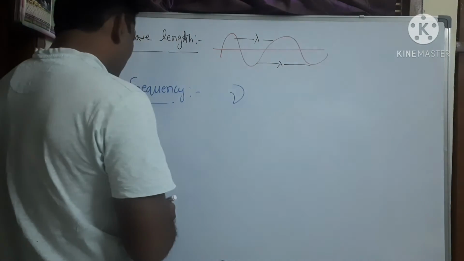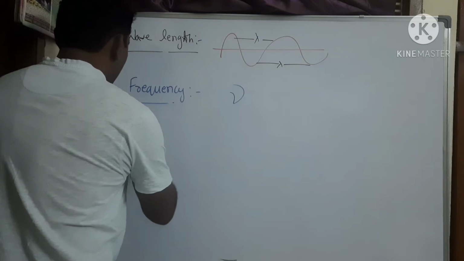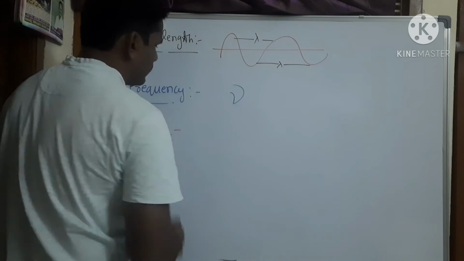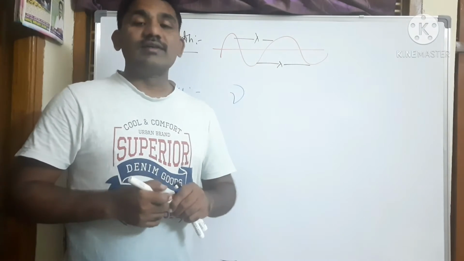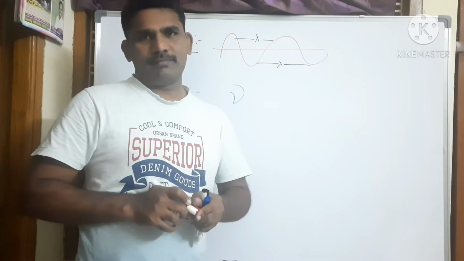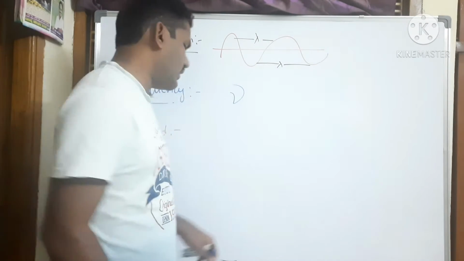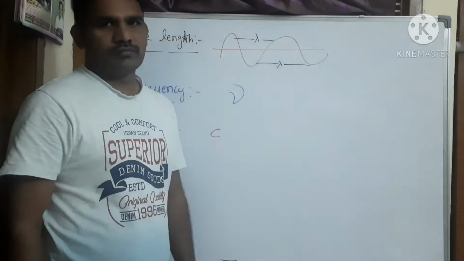Next, we are going to learn another important characteristic of electromagnetic wave, that is speed. Speed is defined as the distance travelled by the electromagnetic wave in unit time. Speed is represented by c.